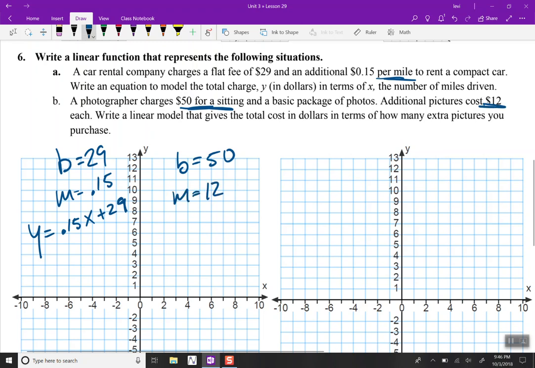So y equals 12x plus 50 bucks. $50 just to get in the door. Then for every picture you buy, it's going to cost $12. Get 2 more pictures, it's going to be $24 plus your 50 bucks. Get 1 picture, 12 bucks plus your 50. You get 5 pictures, well, 5 times 12, 60, and 50, 110 bucks for 5 pictures.